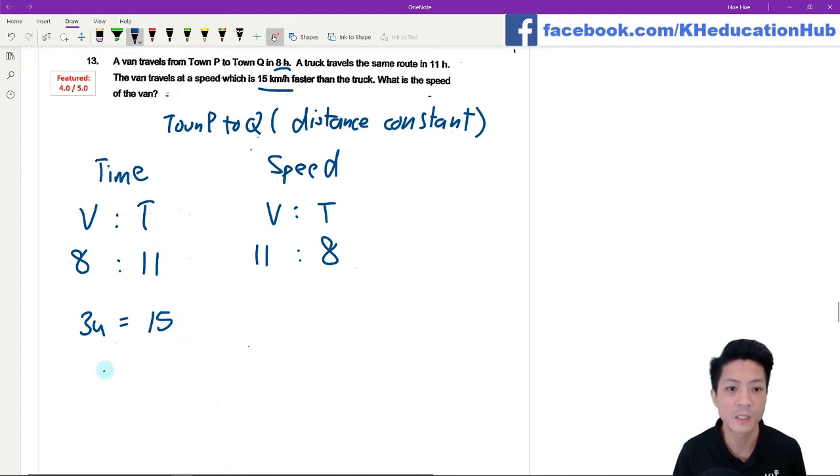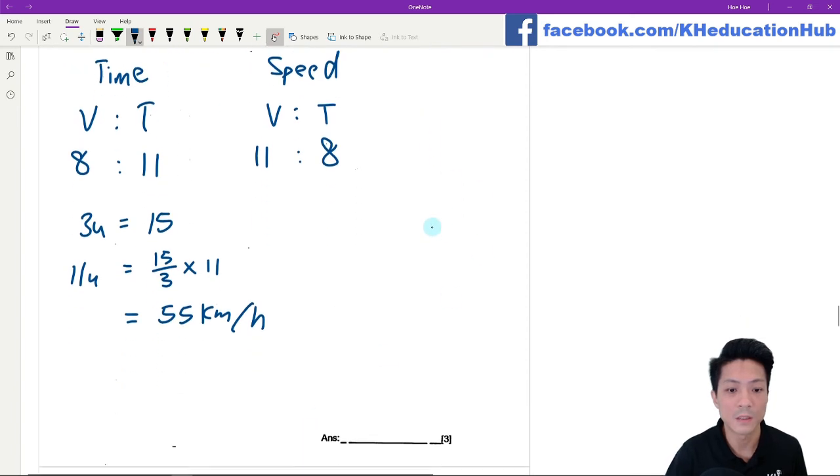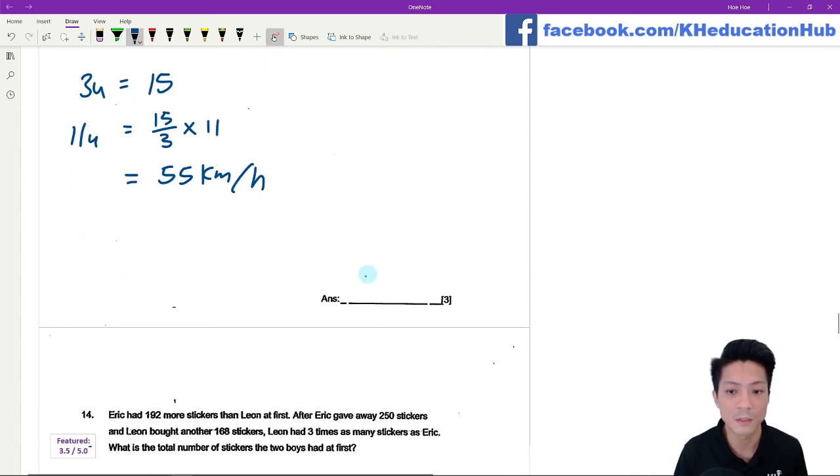And if you want to find the speed of the van, we just need to find what is 11 units. 15 over 3 times 11. 15 over 3 is 5. 5 times 11 is 55 km per hour. Okay, this is the answer for this question.